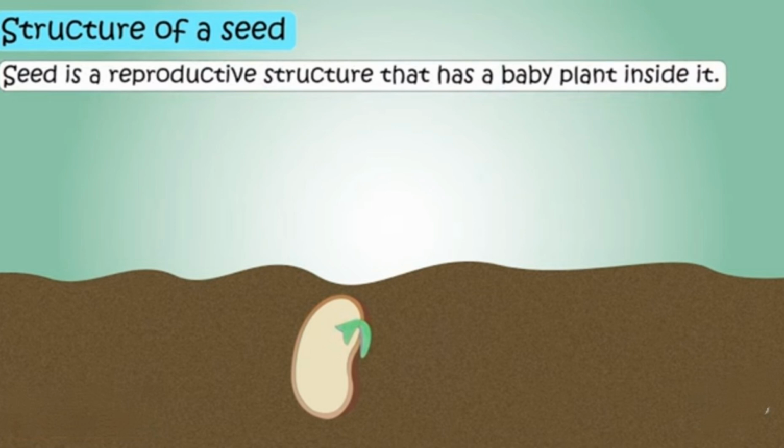And today we are going to learn about the structure of a seed, or parts of a seed. A seed is a reproductive structure that has a baby plant inside it. We all know that every living thing has to exhibit 7 life processes. In that, reproduction is one of the processes.